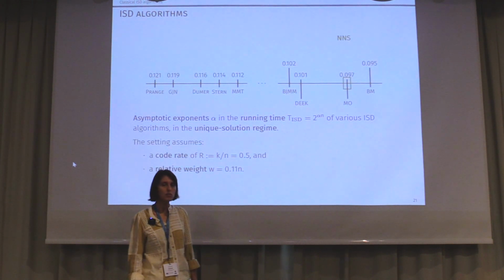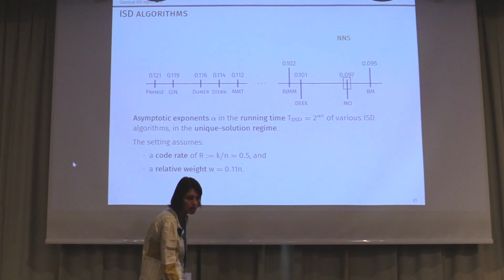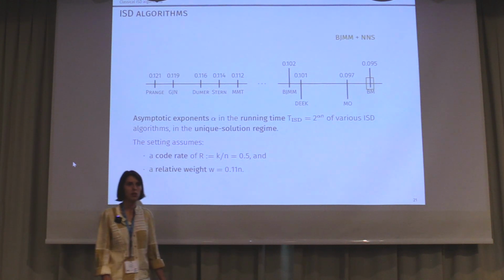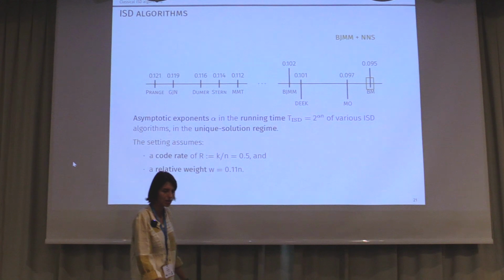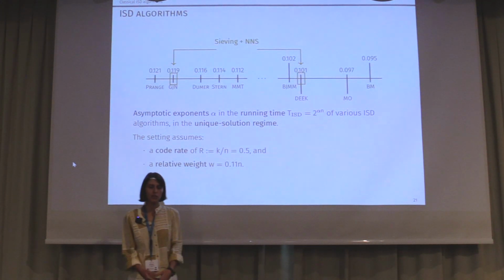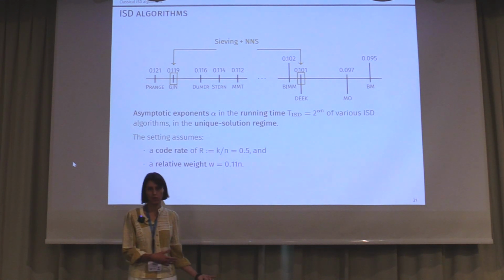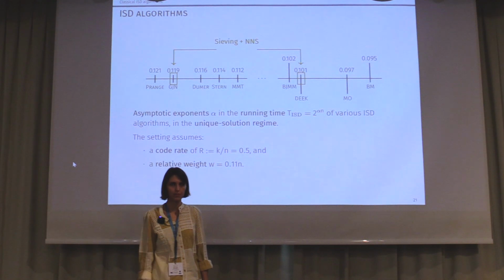Then May-Ozerov introduced the near neighbor search that was also used afterwards in both May approach along with BJMM. So we obtained the best possible asymptotic running time for now. And finally, we used the sieving combined with the near neighbor search to improve over the most practical algorithm and also to achieve some better time-memory trade-off.